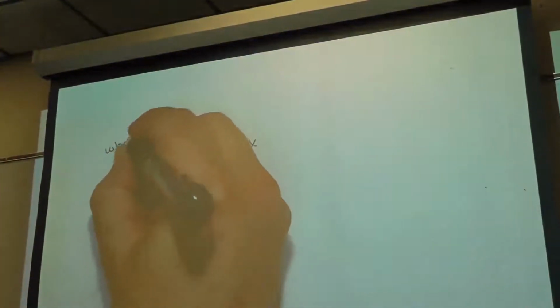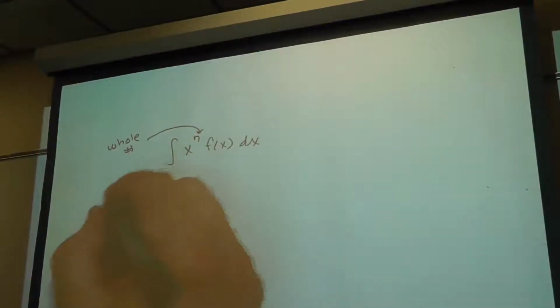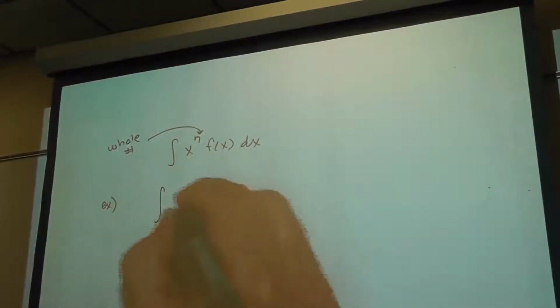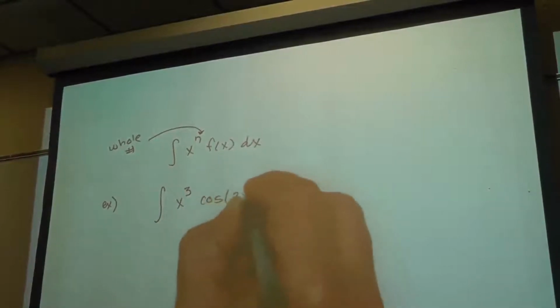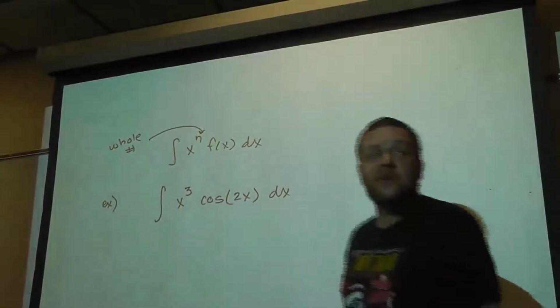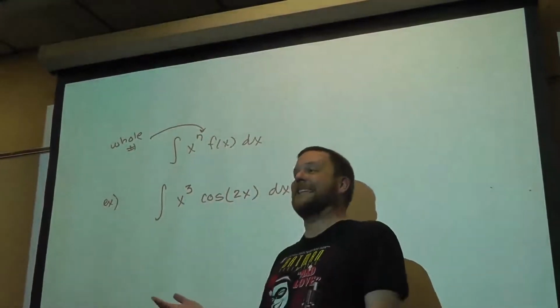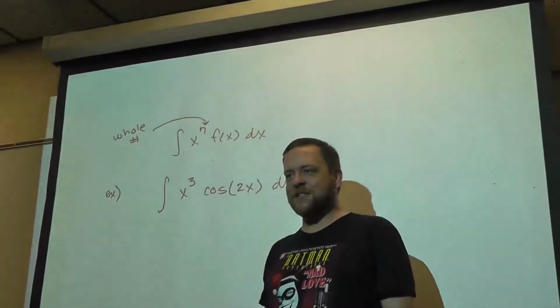So that needs to be a whole number in the exponent, because you're going to do this. Let's say we have x to the third times cosine of 2x dx. The way you would do this with by parts, some of you may have learned LIATE, or some teachers may teach you ILATE, because the I and the L can actually switch positions.